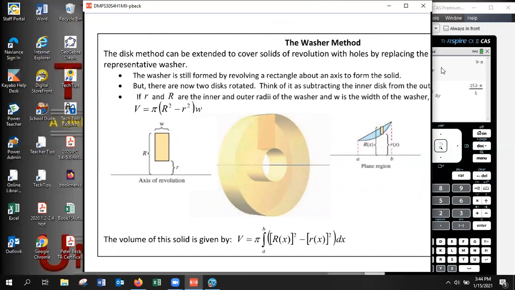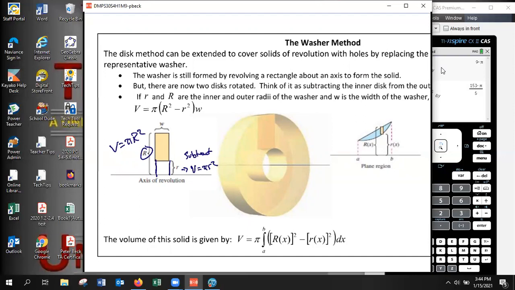What we're doing with the washer method is very similar, where now we have a representative rectangle where there is a gap between the axis of revolution and the solid that we're revolving. So what we end up doing is we take the overall volume, which comes from the outer radius, that overall volume, which is pi r squared, and then we're going to subtract out the inner volume, and that volume is pi little r squared.